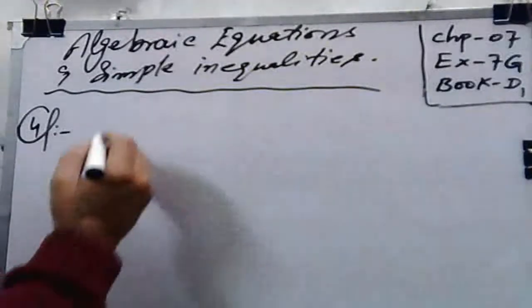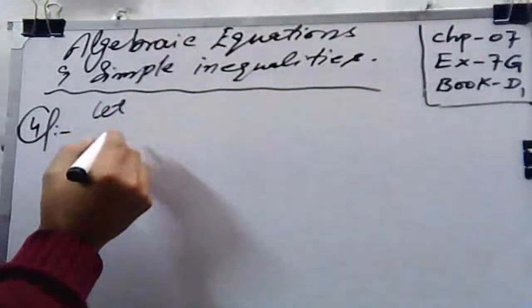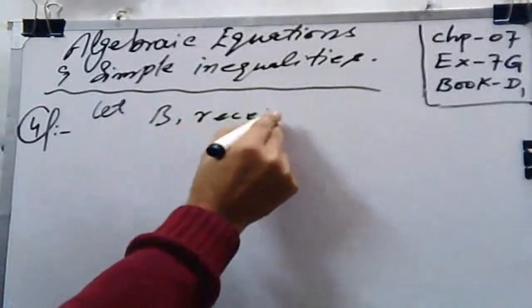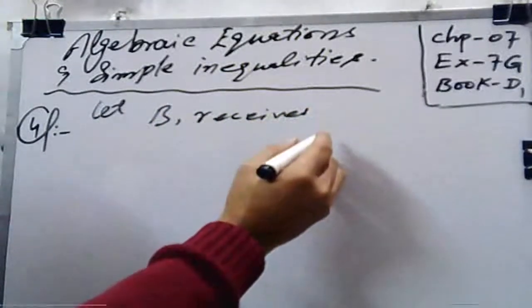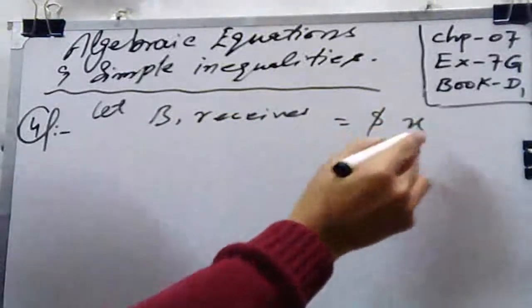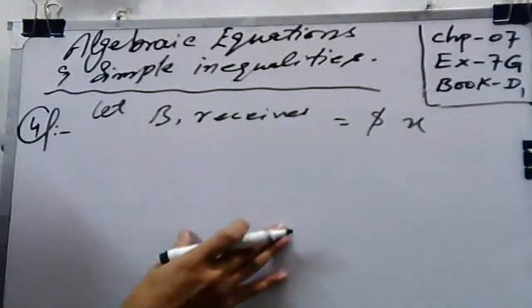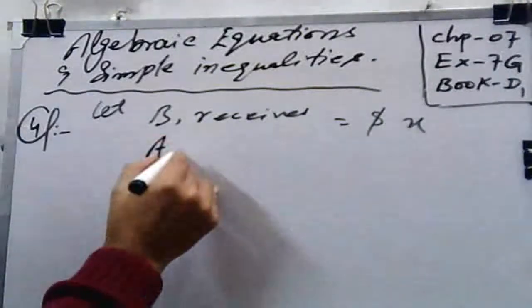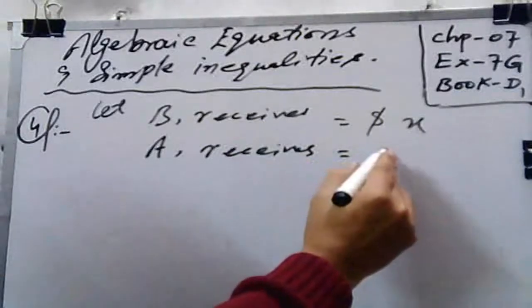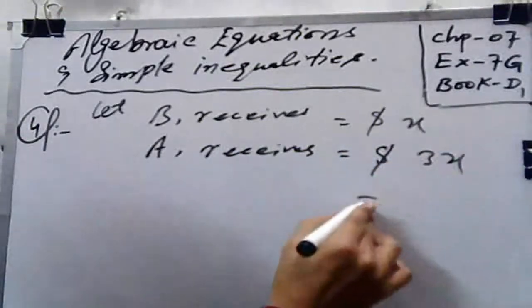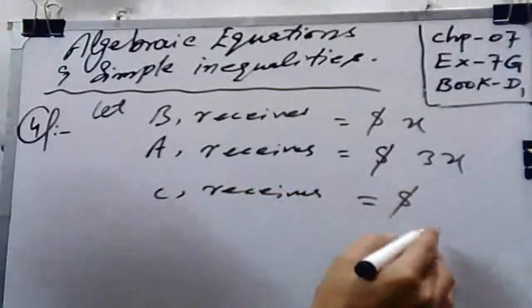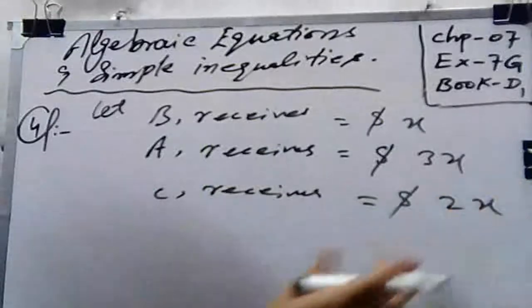Okay, it is very clear that let B receive x. So B receives $x. Similarly, A receives $3x, and C receives twice, or 2x.